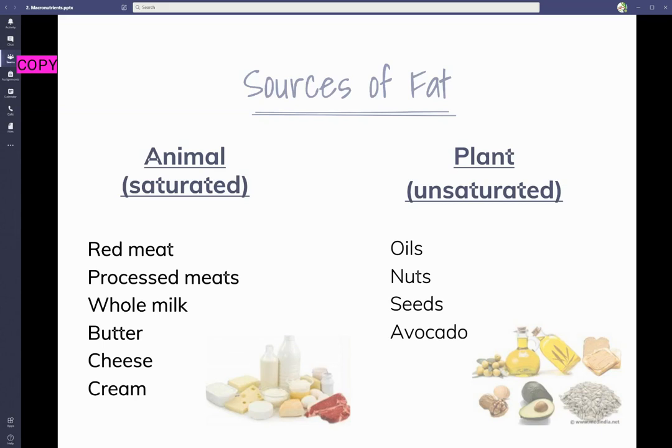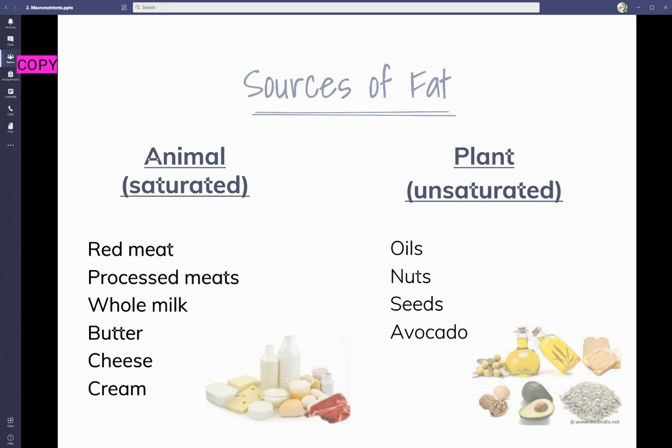So having a diet high in saturated fat tends to increase blood cholesterol levels, particularly the LDL cholesterol, which is often known as the bad cholesterol. Unlike unsaturated plant sources of fat, these help to lower the LDL cholesterol in our blood, and so in turn help to keep cholesterol away from arteries, so reduces the build-up.